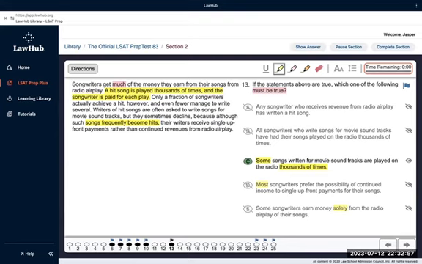So some songs written for movie soundtracks frequently become hits, right? And if we go back here, we know that a hit song is played thousands of times. So if it becomes a hit, it's going to be played thousands of times.